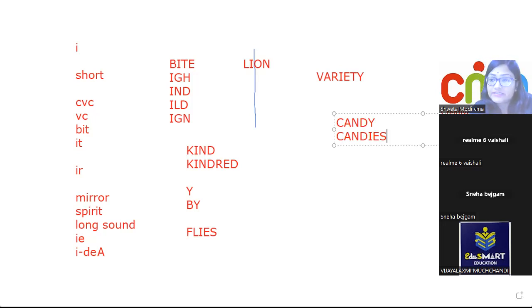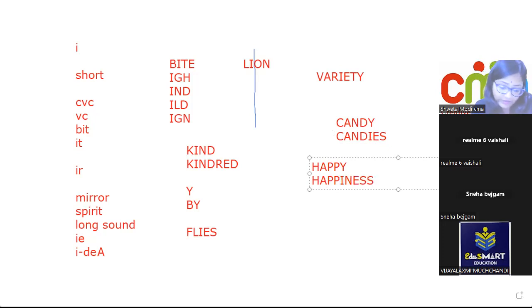Why? Because now it is in the middle. Candy is a root word. Same way when you have the word happy and you have to add a suffix like ness, you have to put back the I. Also in the word happier.